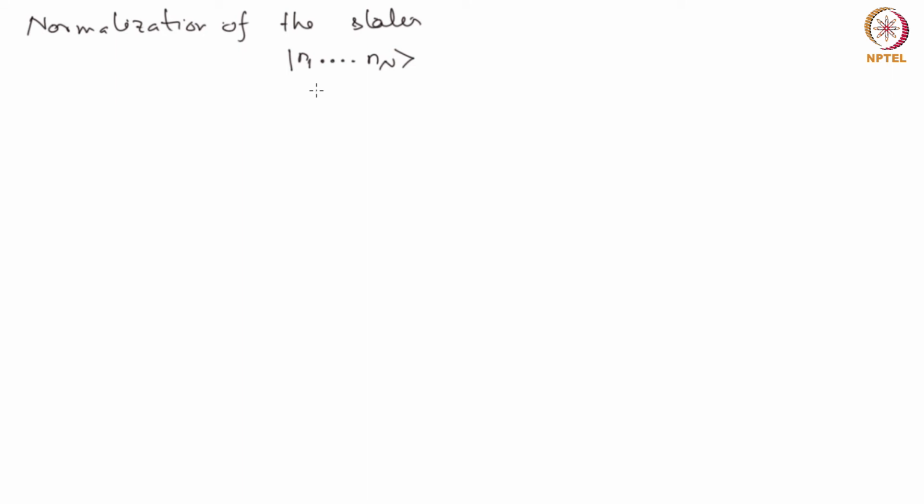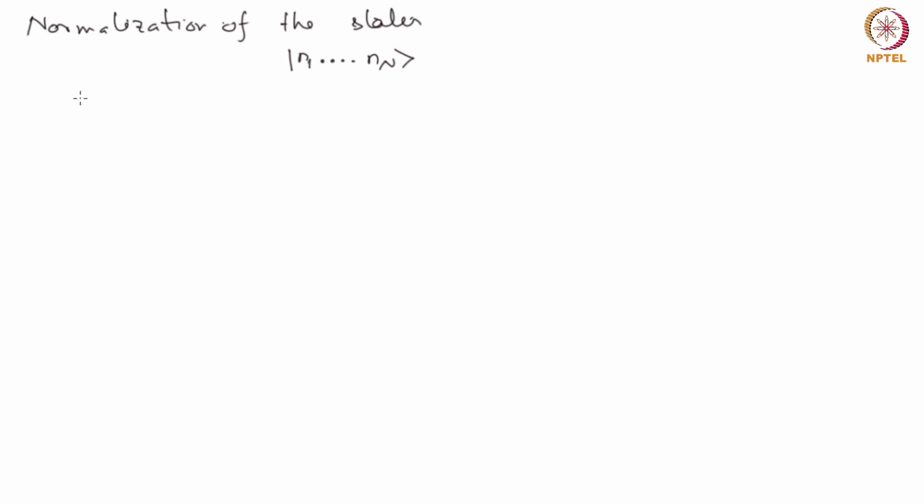Let's see what I get for the inner product if I take the inner product of this ket with its corresponding bra. And depending on what we get, we can divide accordingly to get a normalized eigenstate.